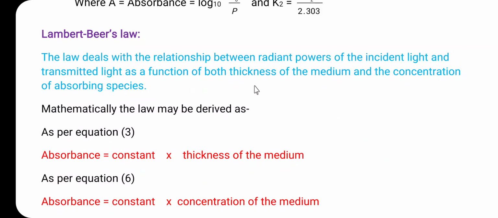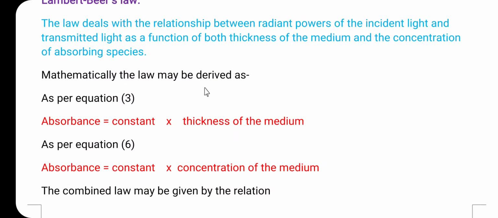In Lambert's law we consider the thickness of the medium, in Beer's law we consider the concentration of the medium, and in the Lambert-Beer law we consider the thickness as well as the concentration of the absorbing species. Mathematically, the law may be derived as per equation number 3.